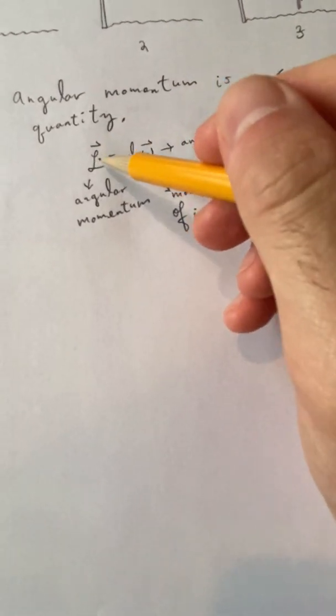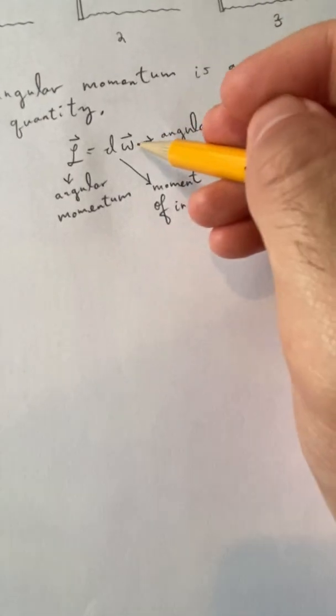This equation is very much analogous to the equation for linear momentum, P equals mv. Here we have those analogous angular quantities: P is linear momentum, L is angular momentum, I is moment of inertia, m is mass, omega is angular velocity, and v is linear velocity.